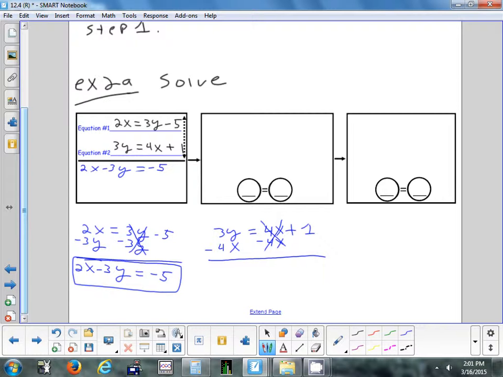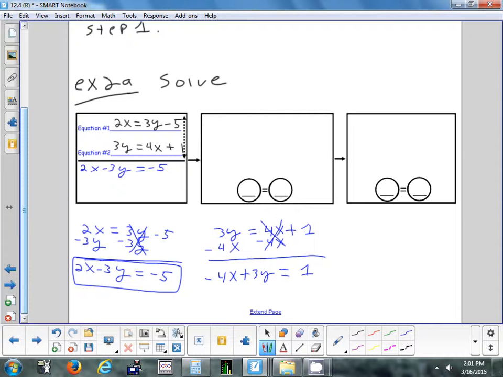What kind of number is in front of x? Negative 4x. What kind of number is in front of y? Positive. How do you know that's positive? There's no sign in front of it. If there's no negative, it's automatically positive. And what do you still have on the right-hand side? 1.